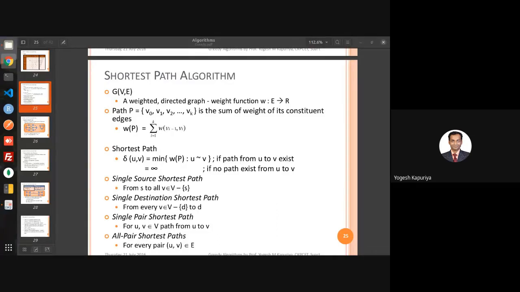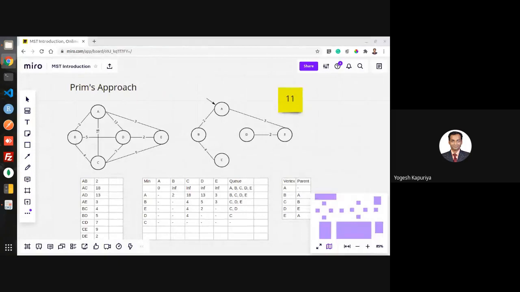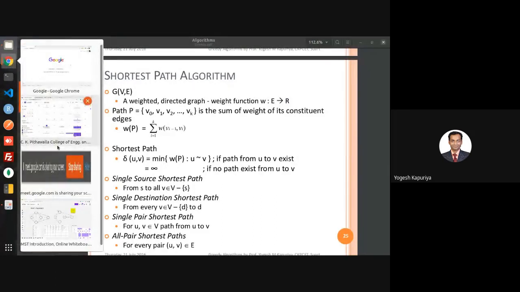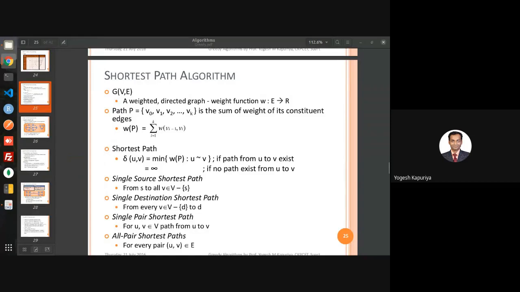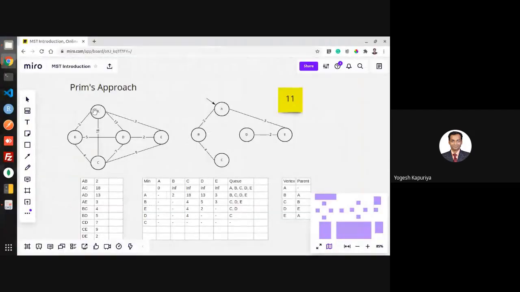Now, path means what basically? For any given graph, let us say this is one graph.